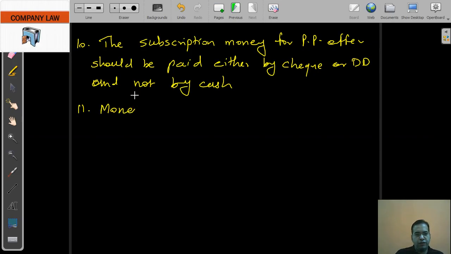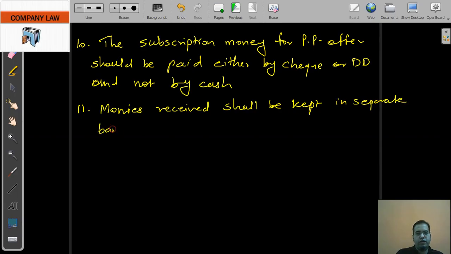Monies received shall be kept in a separate bank account in a scheduled bank.